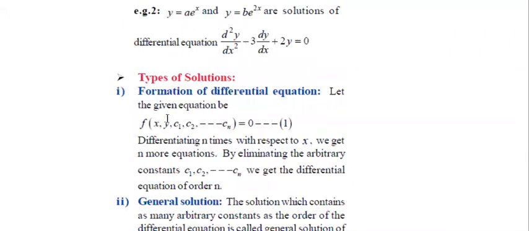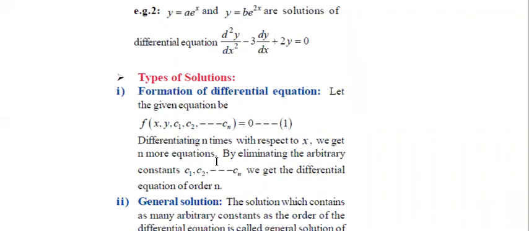Now, types of solutions. First, formation of a differential equation. How to form the differential equation? Let the given equation be f of x, y, c1, c2, c3 and so on up to cn. There are n arbitrary constants, so we differentiate n times with respect to x and get n more equations.